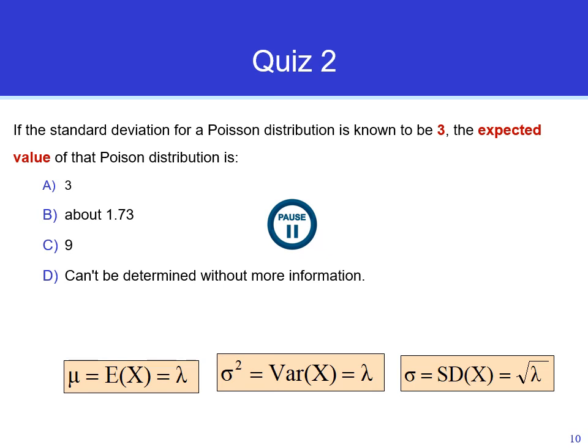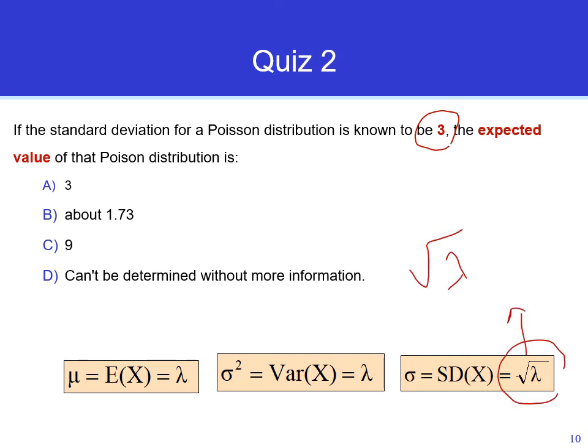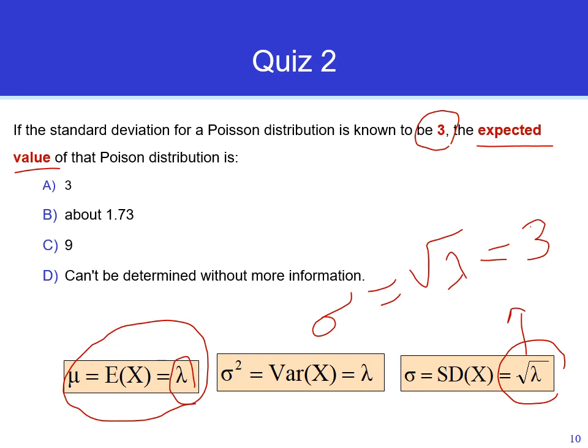All right, let's see the solution. Here we have the standard deviation equal to 3. That means the square root of lambda, which is equal to sigma, is equal to 3. And we are looking for the expected value. The expected value is lambda, so we have to find lambda here.